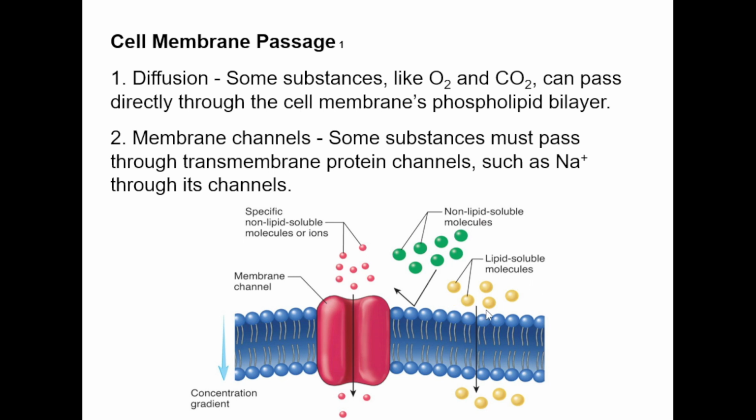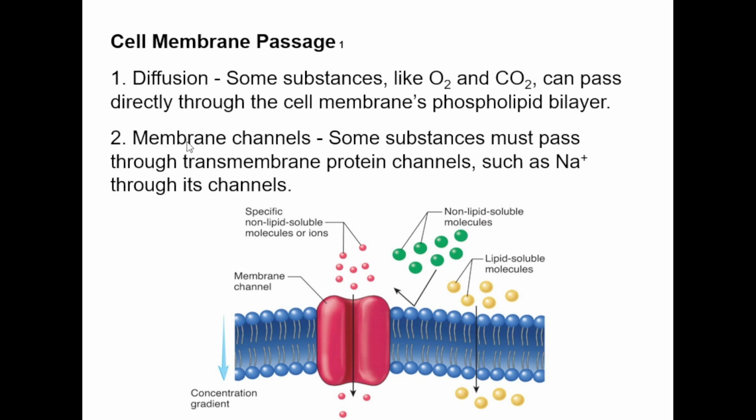As you can see here, this is one example. So these yellow structures represent, let's say, your oxygen, carbon dioxide, and other lipid-soluble molecules. Pag sinabing lipid-soluble, they're made up of lipids, no? So they can easily pass through the cell membrane without any problem. They can freely pass through. And when that happens, that's what you call diffusion.